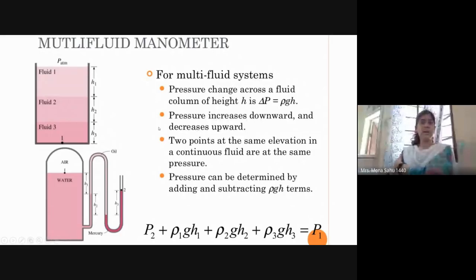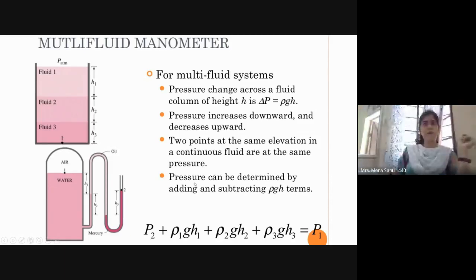Pressure increases downwards and it decreases upwards. It will increase downwards, so that's why I have given the darker shade here. Two points at the same elevation in a continuous fluid have the same pressure. If you take one point here and one point here, obviously it will be the same pressure. But with depth it will increase, and if it comes up, it will decrease.